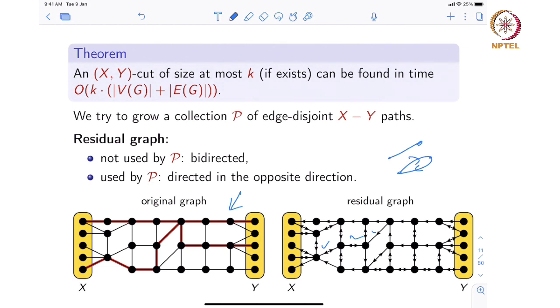At any point in time, you are given some set of edges, you construct this residual graph, and then you try to see: does there exist a path from y to x? It means we can send an extra flow from y to x, augmenting via this path. So in this residual graph, we found a path from y to x. What will we do now?